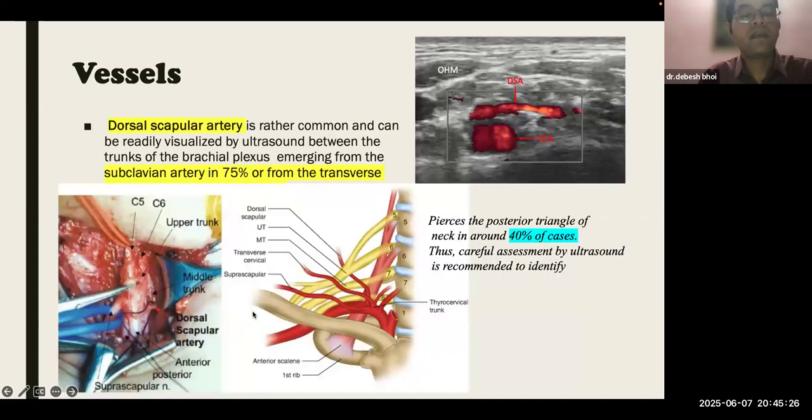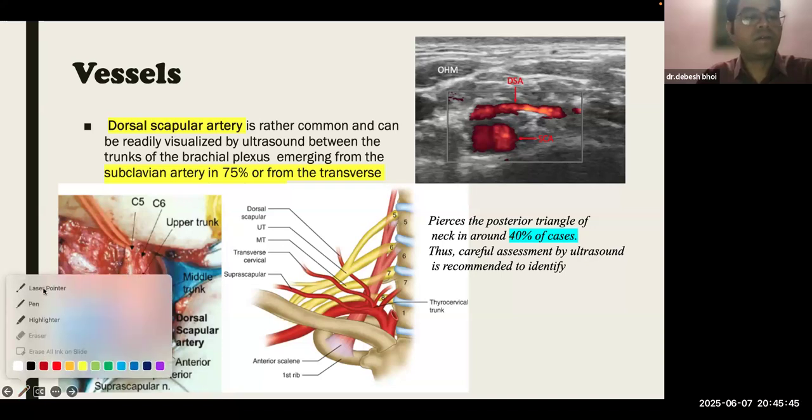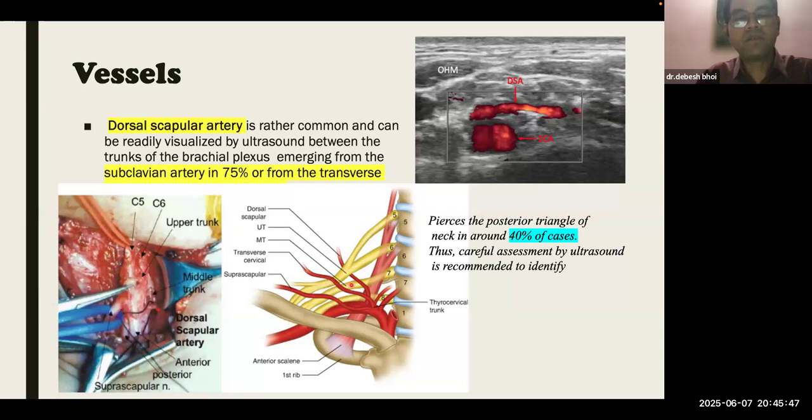Another consideration is the vessels in this area. There are two important arteries, the dorsal scapular artery and the transverse cervical artery. These can be seen crossing between the trunks. It might be an artery passing there, or sometimes it is emerging from the subclavian artery or from the transverse cervical artery, and it pierces the posterior triangle of the neck in 40% of cases.